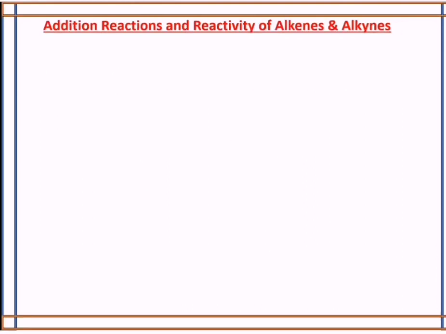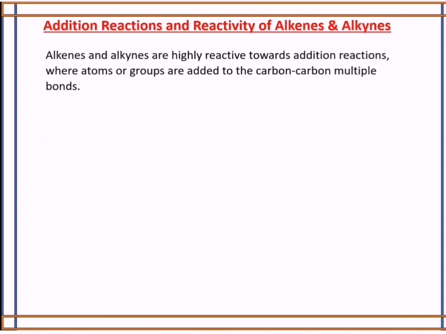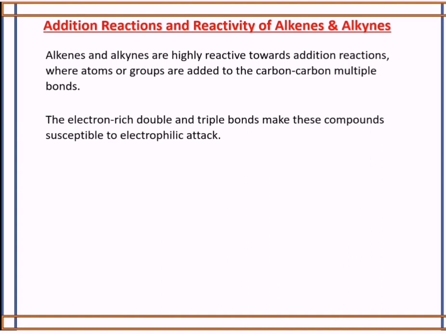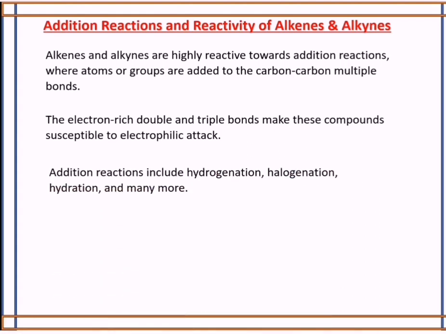Now let's look at the addition reactions and reactivity of alkenes and alkynes. Alkenes and alkynes are highly reactive towards addition reactions, where atoms or groups are added to the carbon-carbon multiple bonds. The electron-rich double and triple bonds make these compounds susceptible to electrophilic attack.